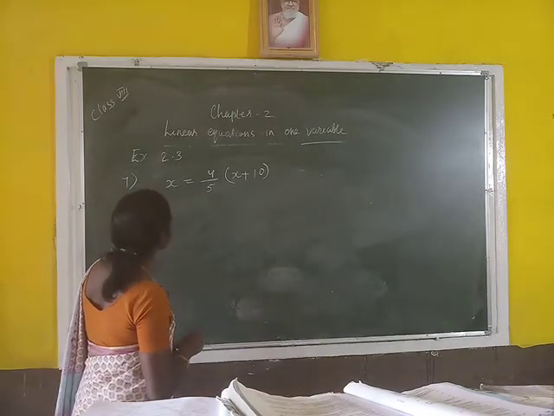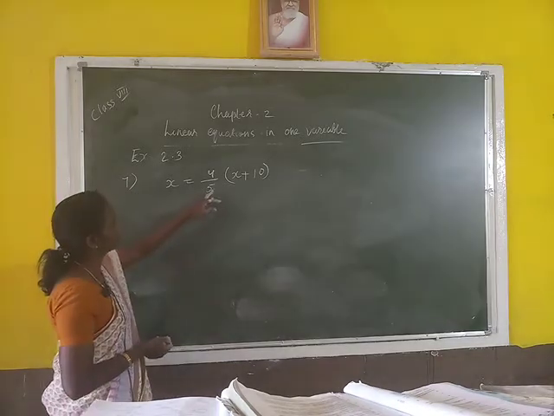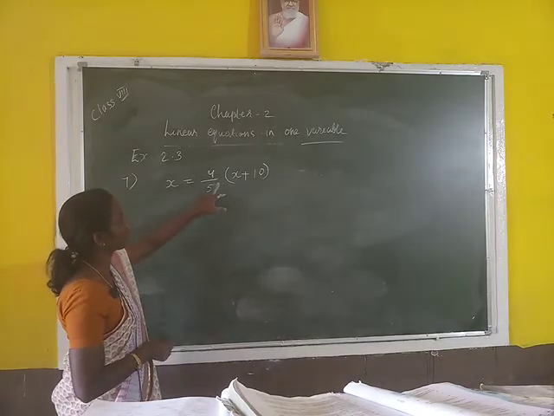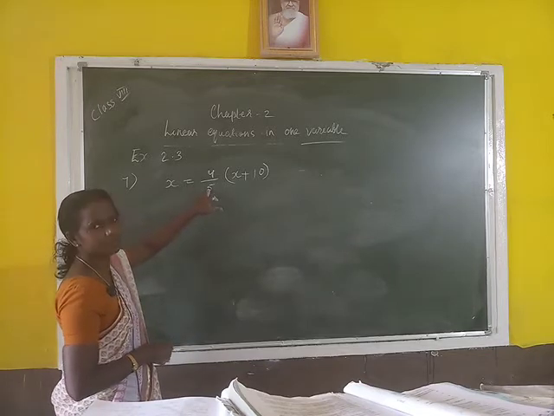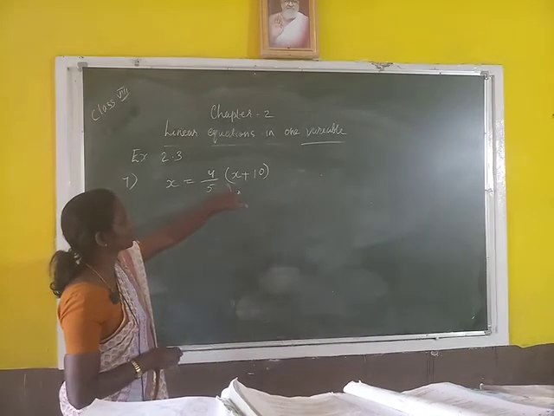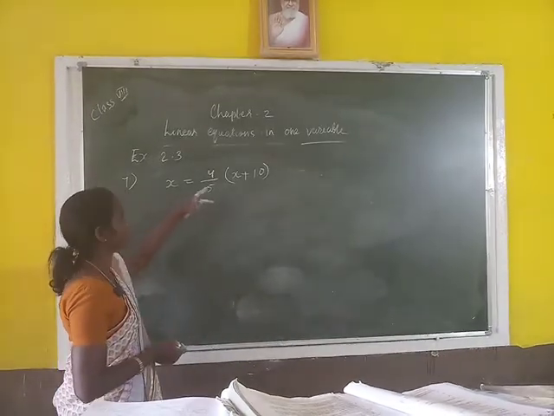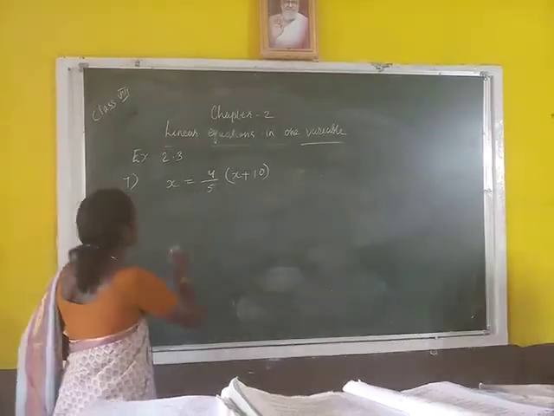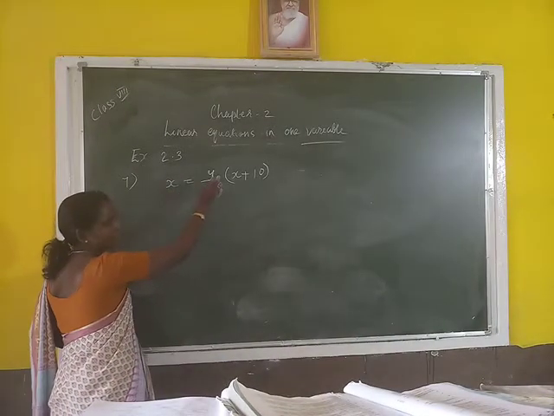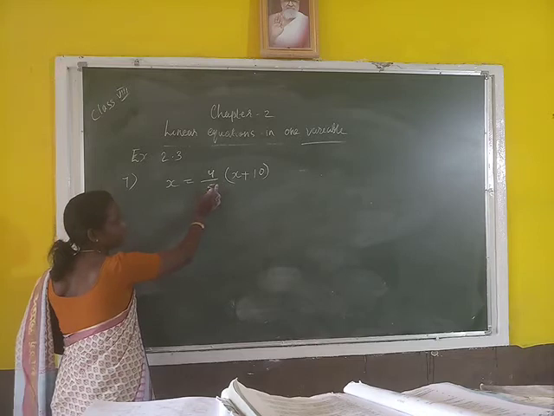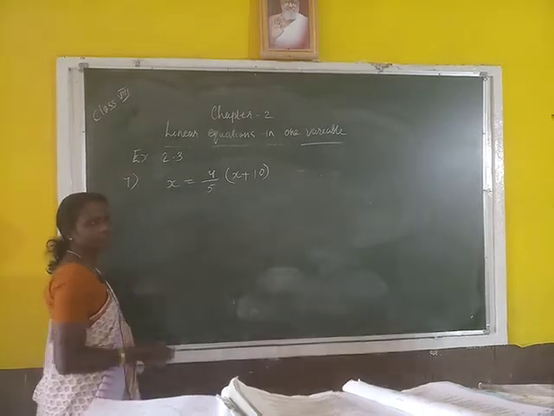Look, here we can cancel this 5. This 5 is cancelled from this side. How to cancel? Multiply by 5. Then look, x here is on which side? Right side. On the right side we multiply by 5, and the left side also we multiply by 5.